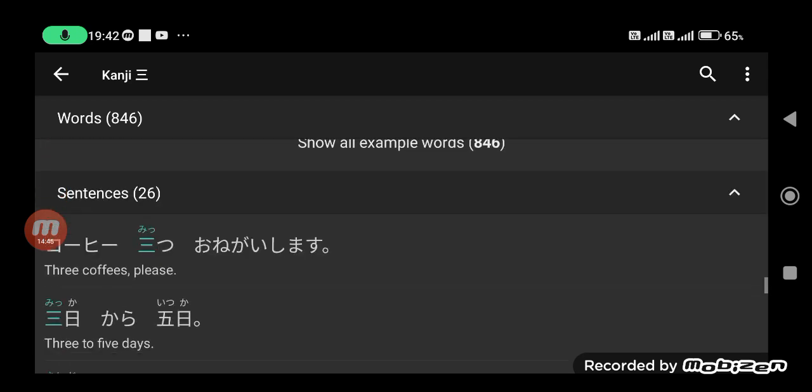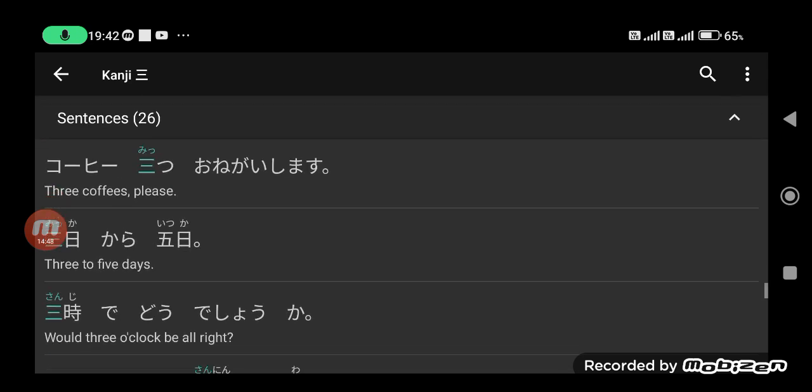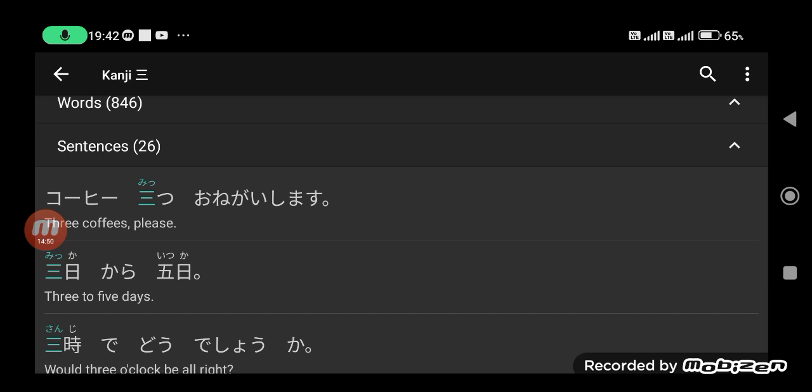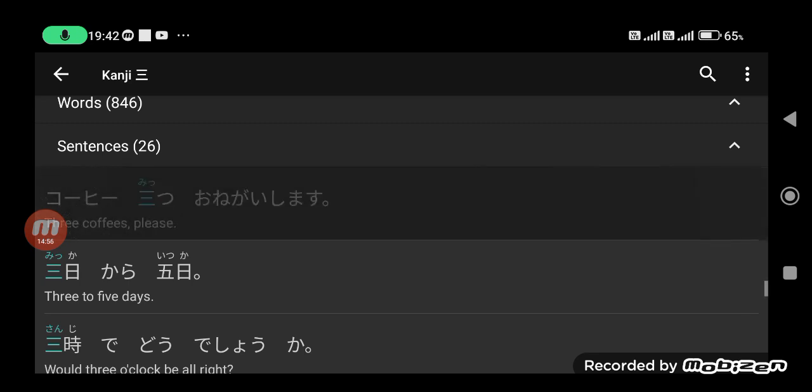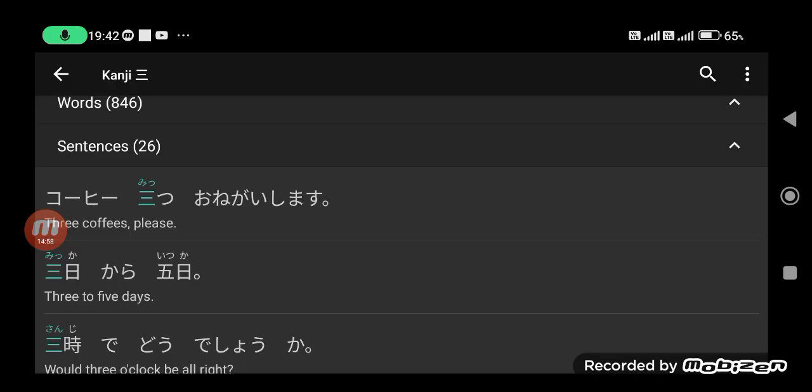Okay, I want you to look at this sentence. Kohi mitsu onegaishimasu. So you often hear this kind of expression, usually in restaurants, when a certain staff wants to request another staff, usually a cook, to prepare.